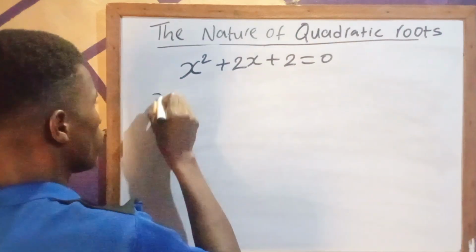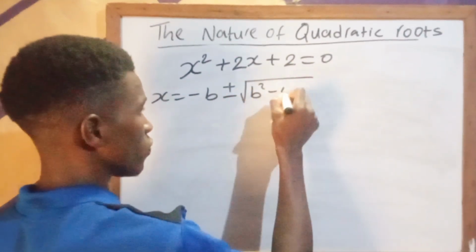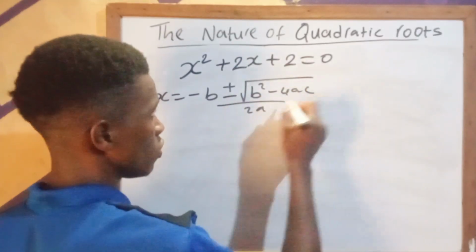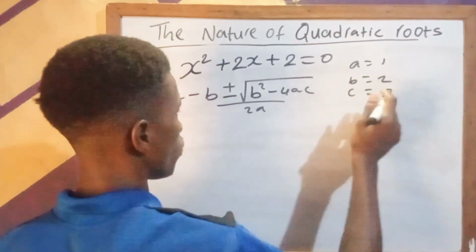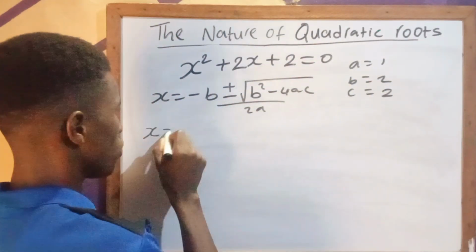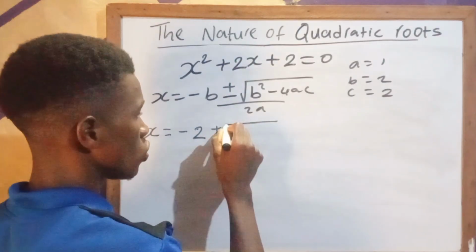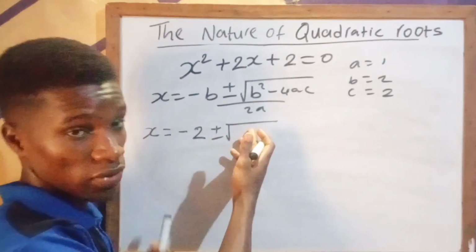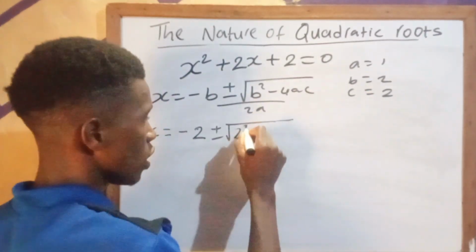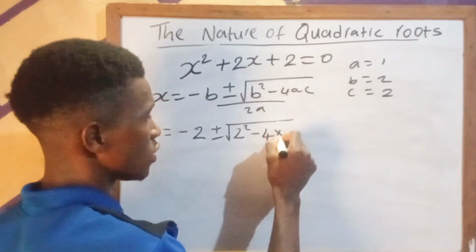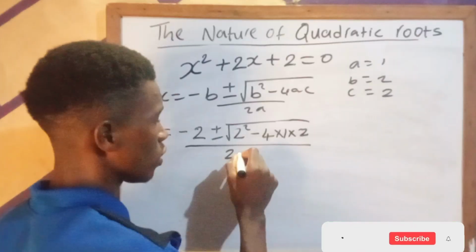Okay, so we have the almighty formula as x equal to minus b plus or minus square root of b squared minus 4ac over 2a. We have that a is equal to 1, b is equal to 2, c is equal to 2. So we can just substitute. x equal to minus b, which is 2, plus or minus square root of b squared, 2 squared minus 4 times 1 times 2, over 2 times 1.